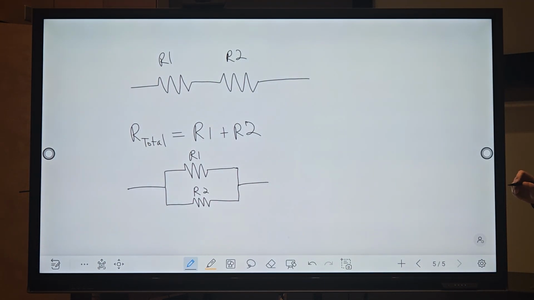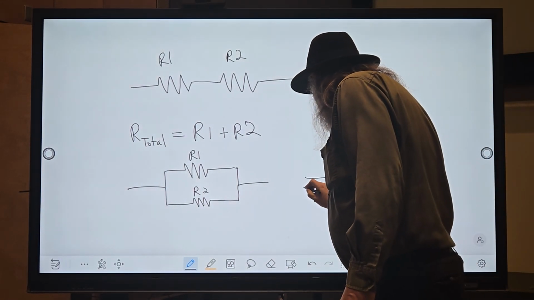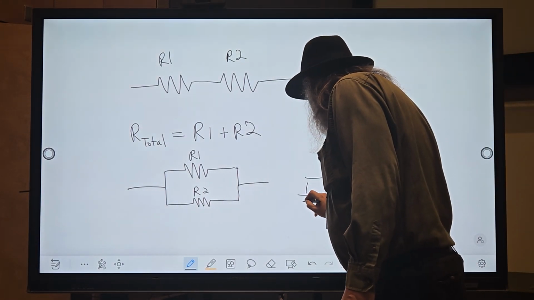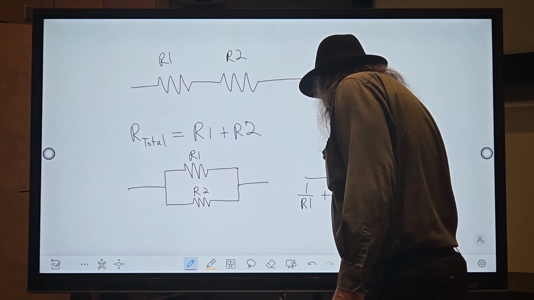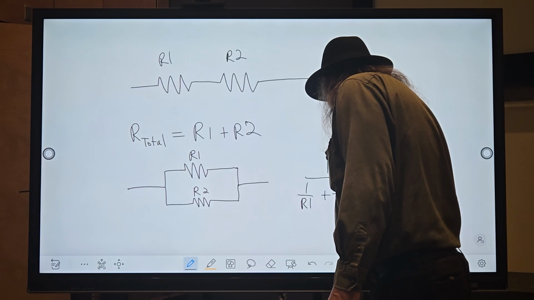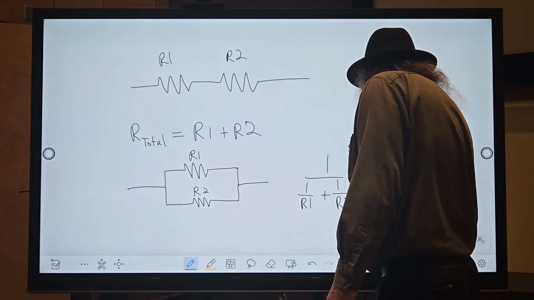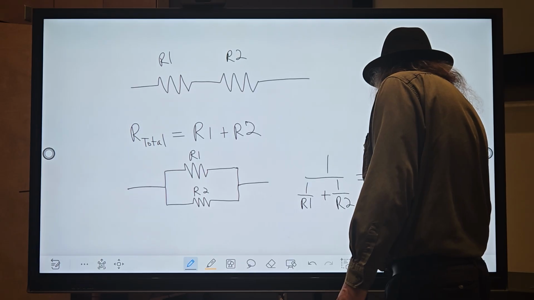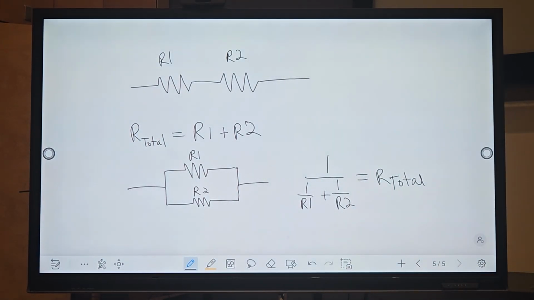It's 1 over R total equals 1 over R1 plus 1 over R2, if I am remembering correctly. Who here's taken circuits? Is that right?